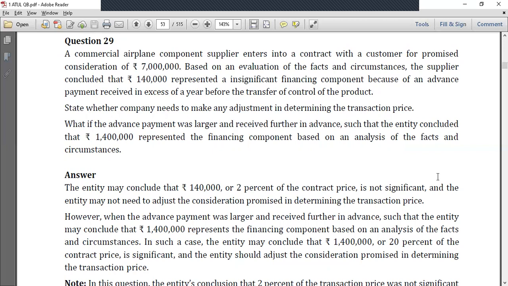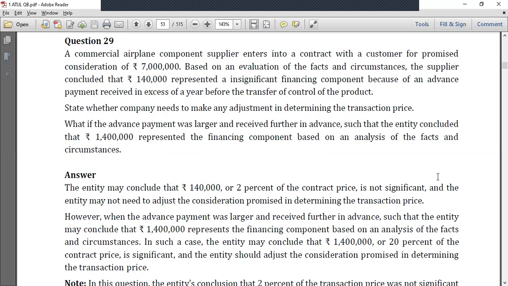Now, however, when the advance payment was larger and received further in advance, the entity may conclude that 14 lakhs represents the financing component, based on an analysis of the facts and circumstances. In such a case, an entity may conclude that 14 lakhs, or 20% of the contract price, is significant, and the entity should adjust the consideration promised in determining the transaction price.